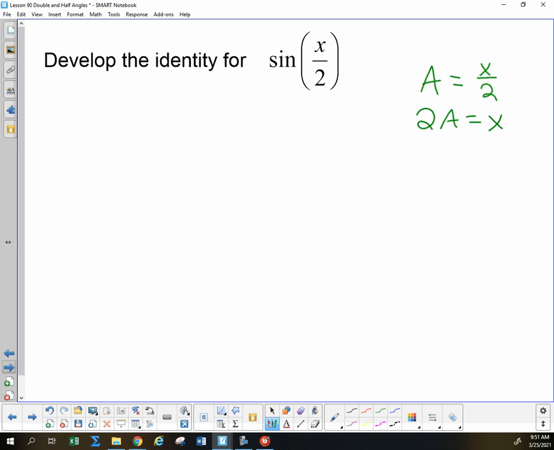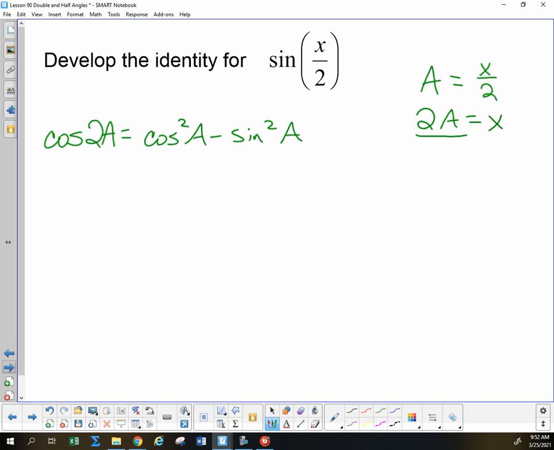Now I told you I'm going to start out with the formula for the cosine of 2 times a variable, but I'm going to use 2a because I'm not using the same variable that I had in there. And we just wrote down that our formula for the cosine of 2a is cosine squared a minus sine squared a.